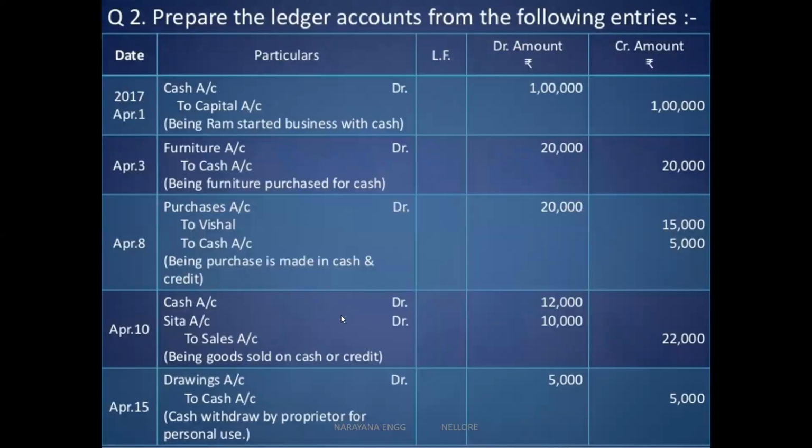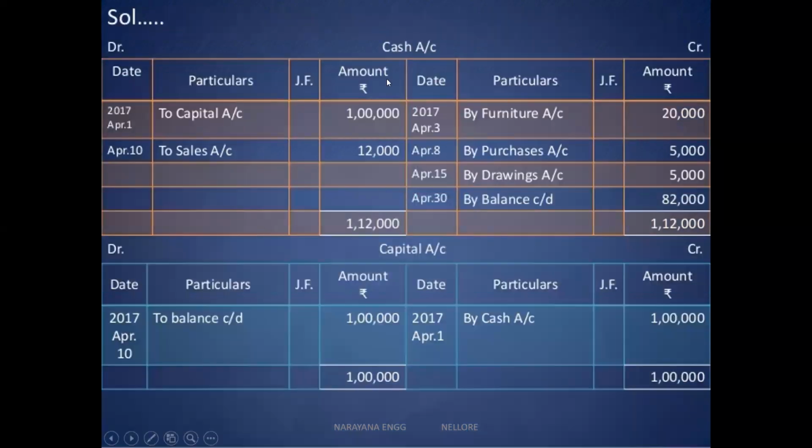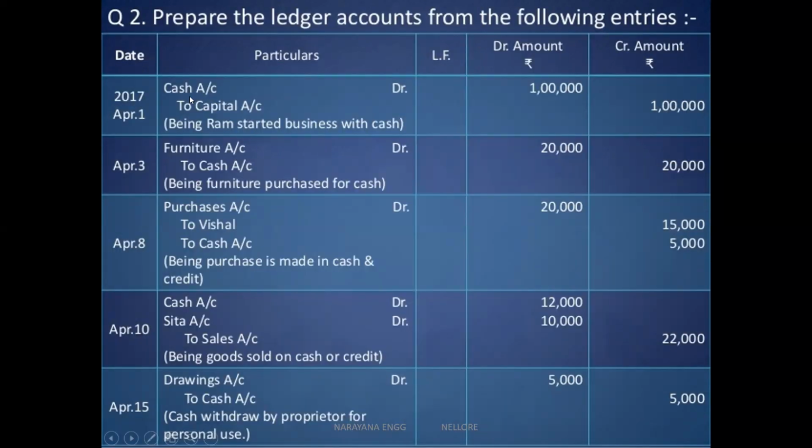You can see all the journal entry transactions, and you need to show an entry for every account. So first you need to recognize all the accounts, and take the format of that particular ledger account, the T-shaped format, with debit and credit sides. When preparing a particular account, you see whether it is on the debit side or credit side, and, for example, if it is on the debit side, you mention the opposite account on the debit side.